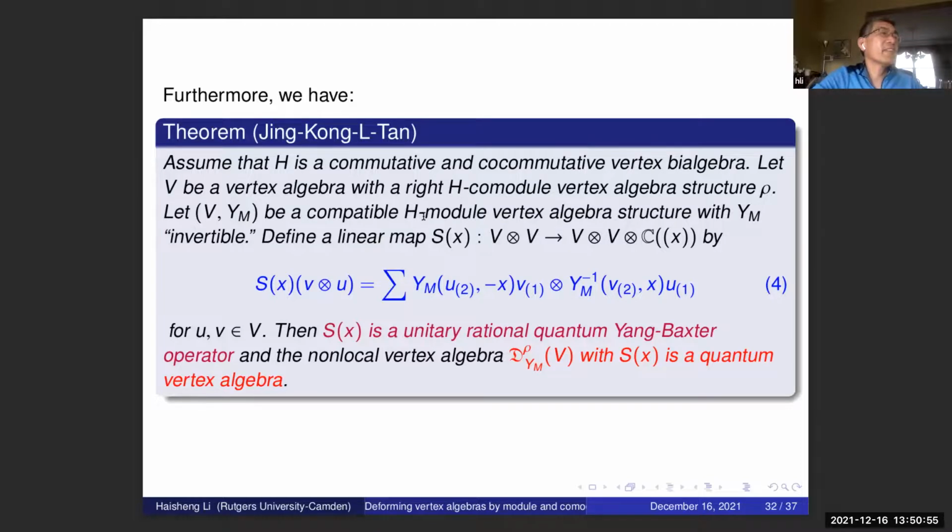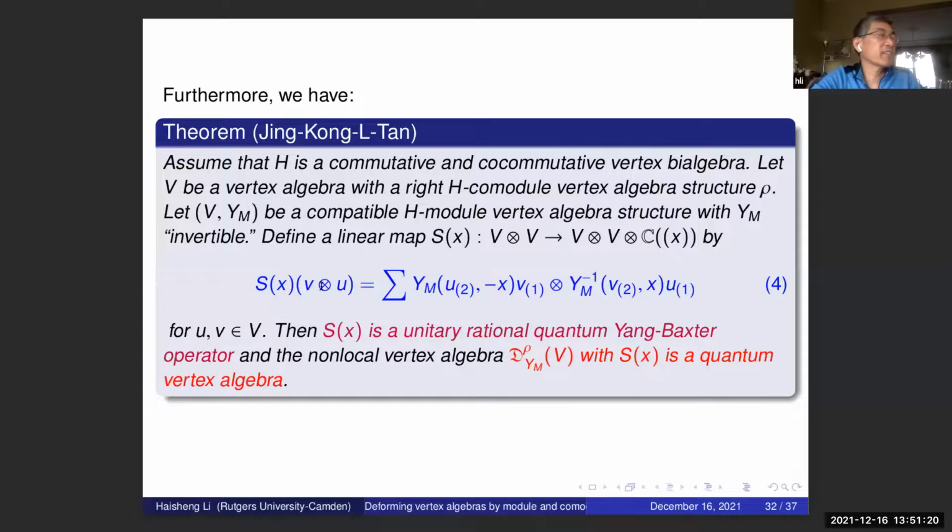And suppose V is a vertex algebra, and suppose you have a right H-comodule vertex algebra structure. And of course, you also have a compatible left module vertex algebra structure. And then we want to say that the deformed vertex algebra is a quantum vertex algebra.